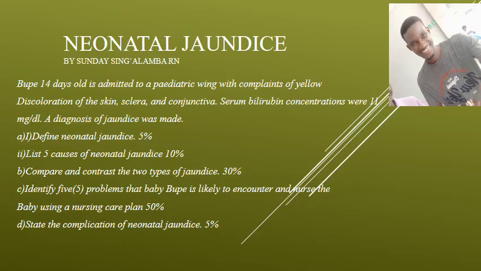Once in the liver, the unconjugated bilirubin is converted to conjugated bilirubin by an enzyme known as glucuronyl transferase.